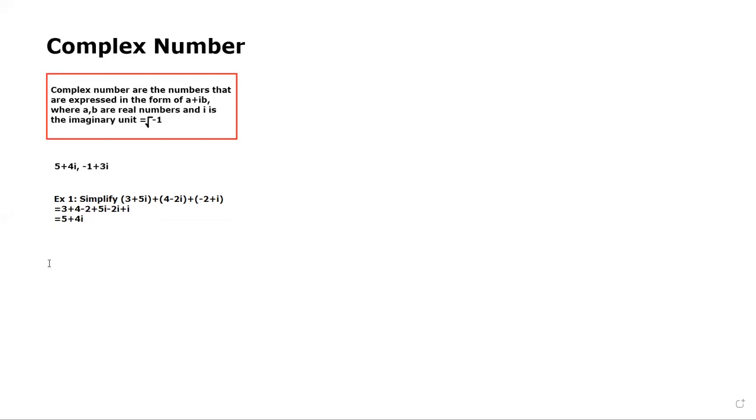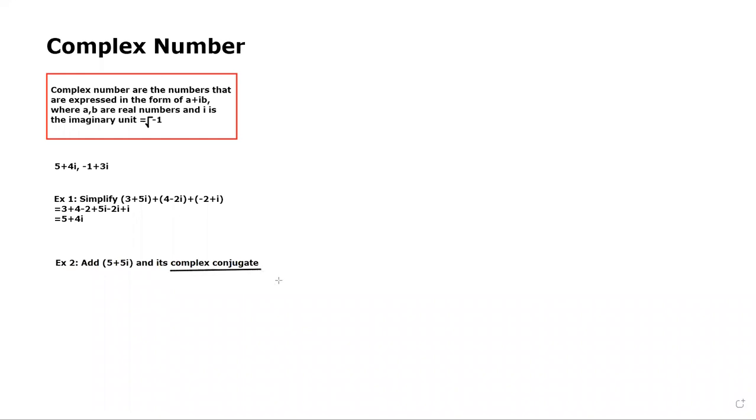Next, another example: add 5 plus 5i and its complex conjugate. What is this complex conjugate?